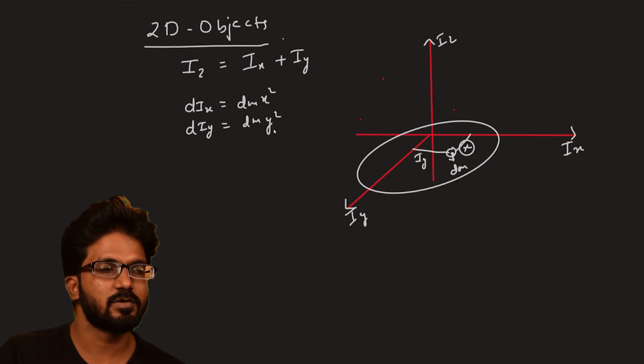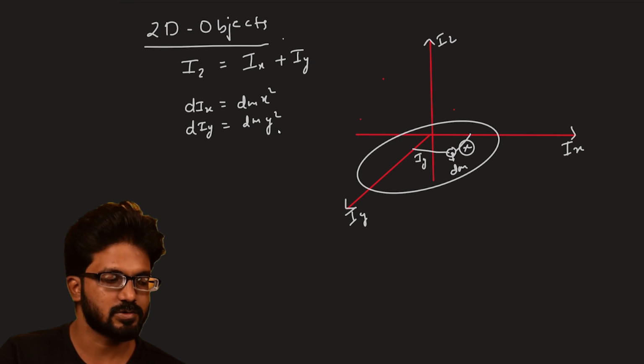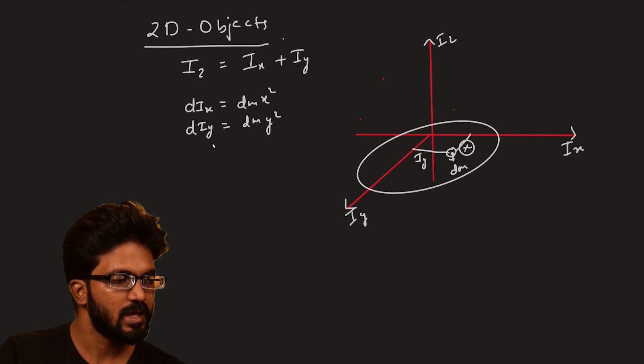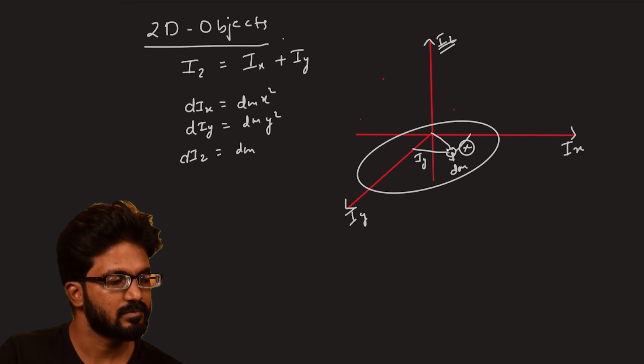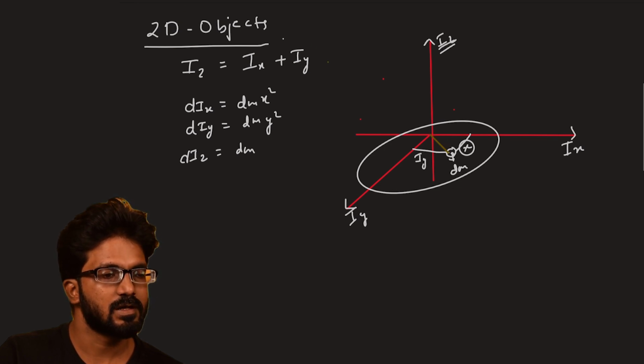This follows the same rule of moment of inertia, that is I = mr². So dIz, about the z-axis that is perpendicular to these two, can be represented as dm times r², if we say this is the distance r.